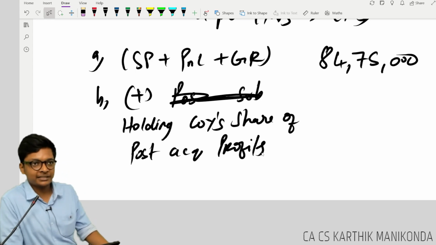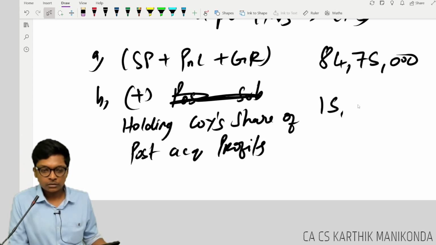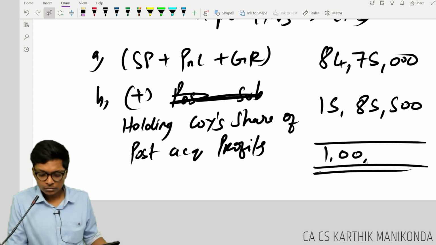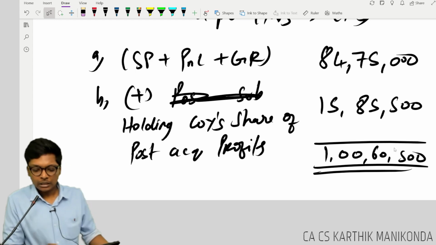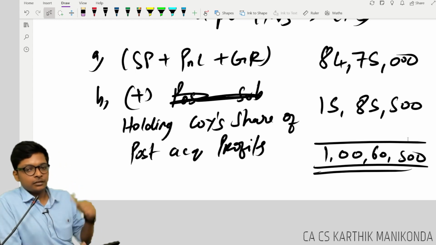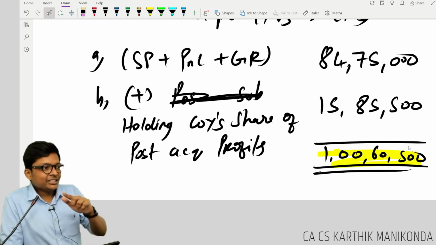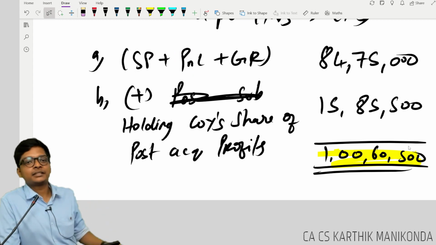Are you following, guys? How much? 15 lakh 85,500. Total 1 crore. Are you following, guys? This will come back. This 1 crore in balance sheet, reserves and surplus.